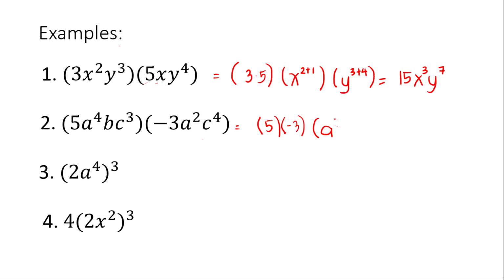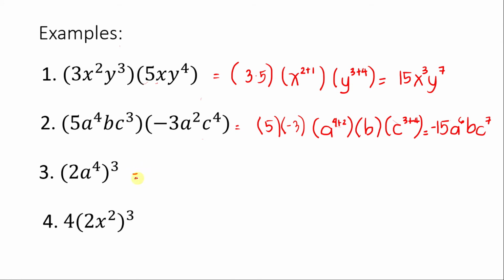So ang magiging exponent niya is 4 plus 2. For b, nag-iisa lang siya. Walang b doon sa pangalawang term. And for c, ang exponents ni c are 3 and 4. So our final answer will be negative 15 a to the 6th power, b, c to the 7th power.